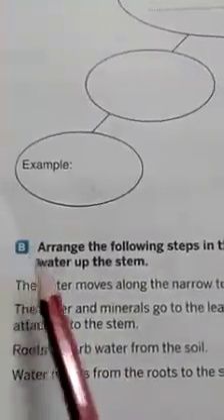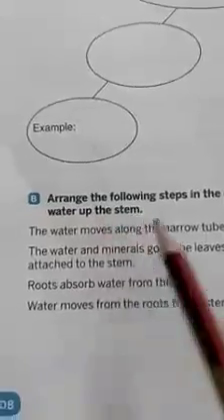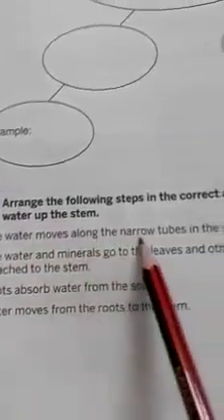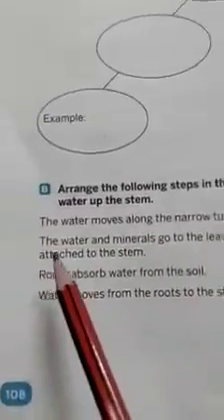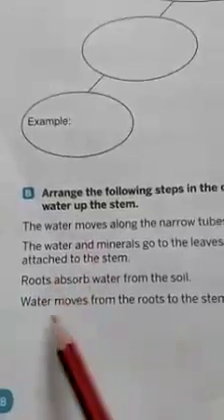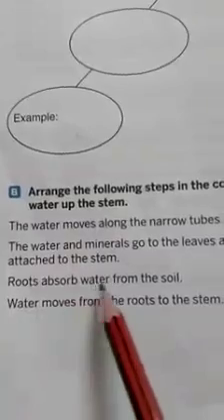Now come to the B section. Arrange the following steps in the correct order to show the movement of water up the stem. Dear student, the water moves along the narrow tubes in the stem first. So dear students, this is not the correct way. We have to write the correct way here. First, roots absorb the water from the soil.